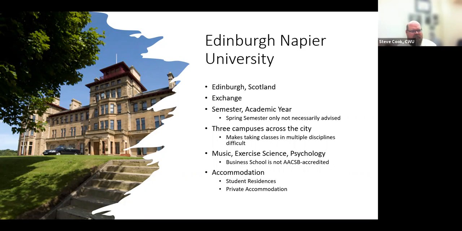Both partners in the UK limit the number of credits that students can register for in a semester at 60 British credits, which is the equivalent of 22.5 CWU credits.